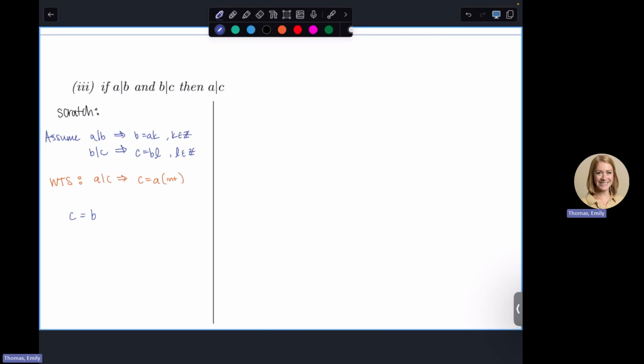So we have that C is B times L. What else do I have? Yeah, B is AK, so this is AKL. And that thing is an integer, so we're done.